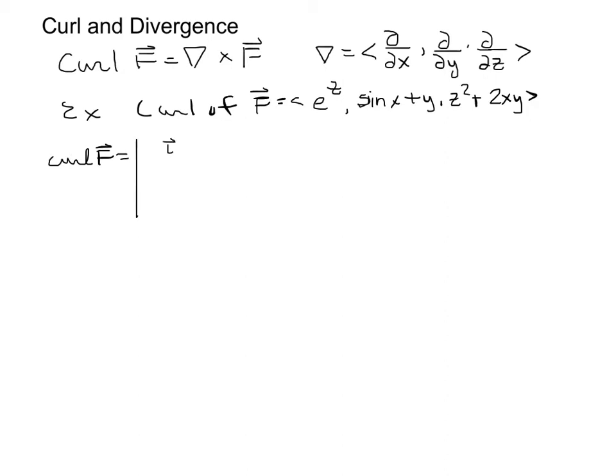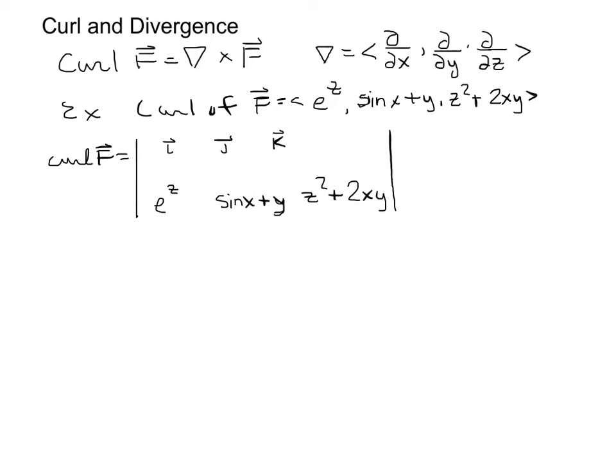So we'll put i, j, and k in the first row. Now we're crossing it with this function, so because it's last, I'm going to put it in the bottom. I'm putting it before the vector field because I don't know how much space I need. So e to the z is the first component, sine of x plus y is the second component, and z squared plus 2xy is the third component.